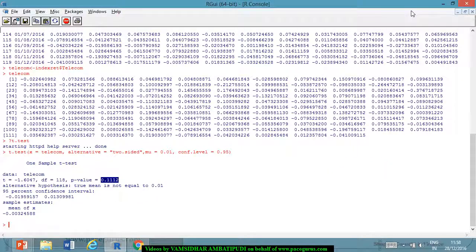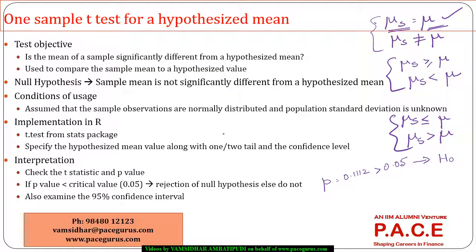So on an average, I see that the telecom sector is giving a mean of around 1% per month. If you look at the actual numbers, it is minus 0.32%. That is the average value from the sample.